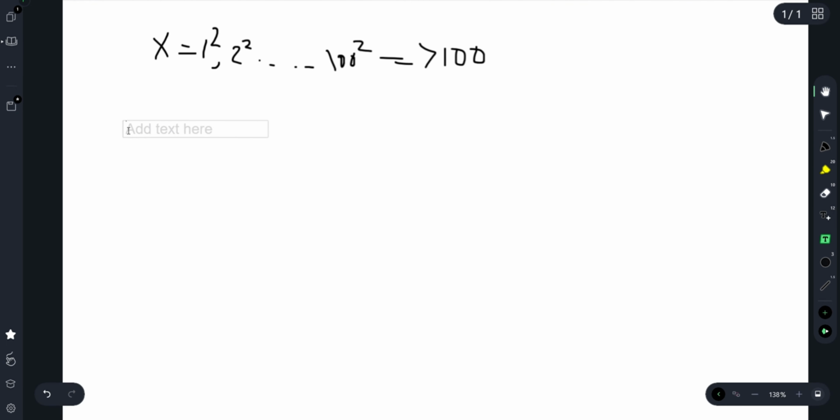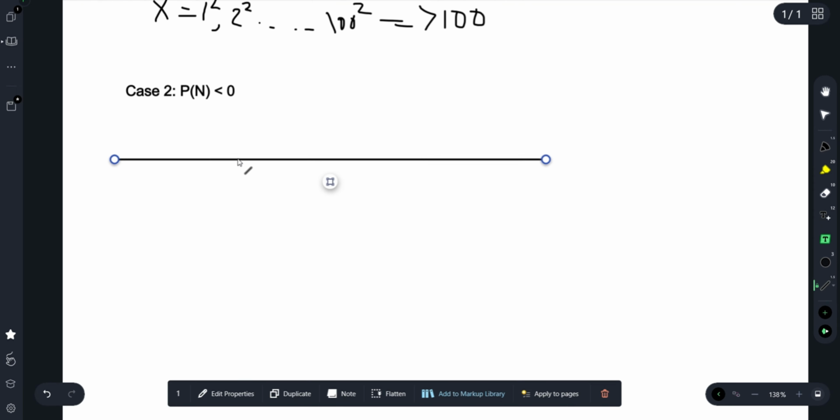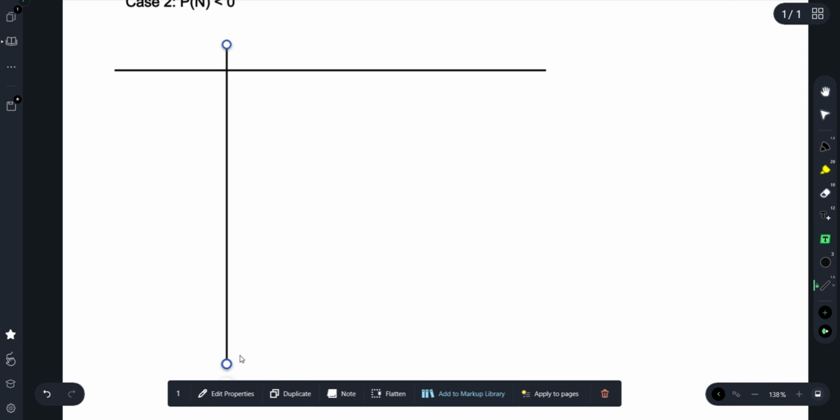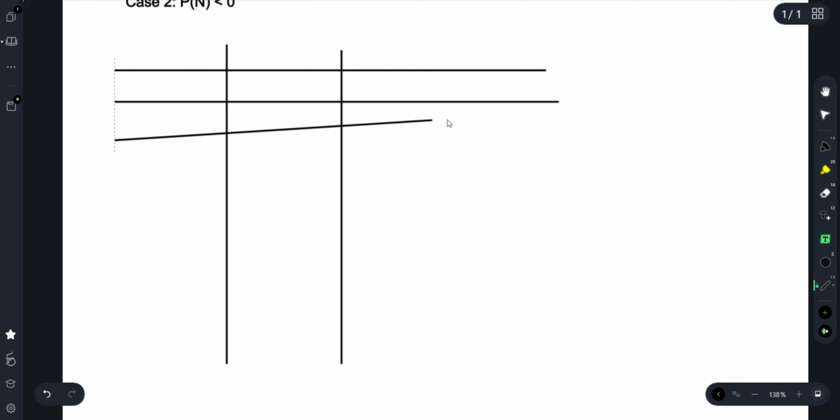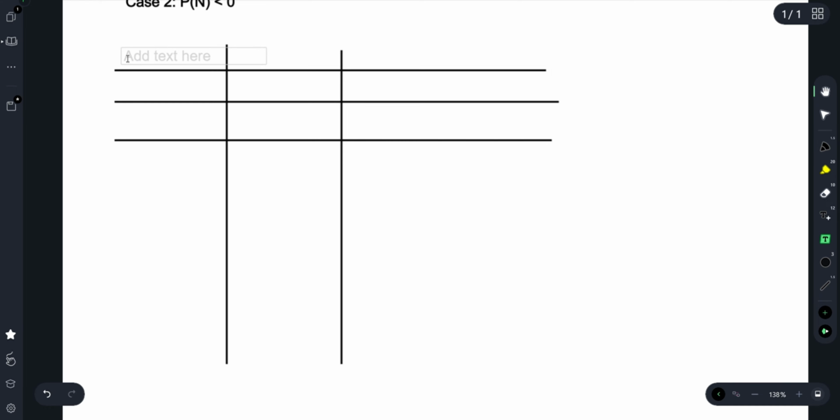Now case 2. P(n) is less than 0. So in order to see what cases these are, we can draw a table. So let's say this is the interval.